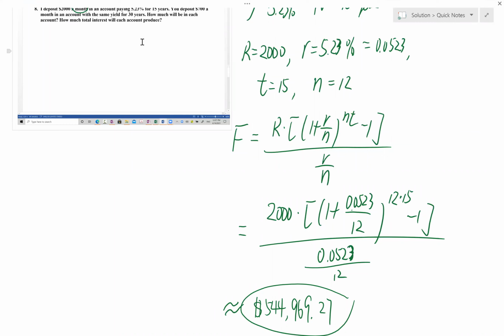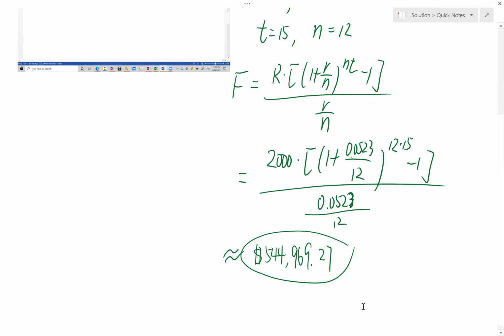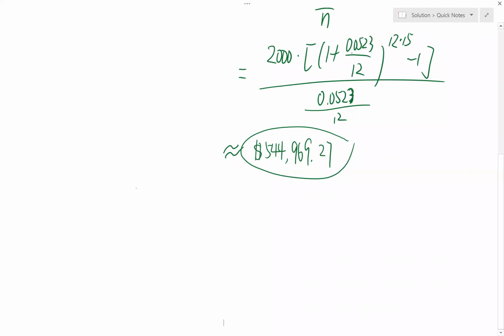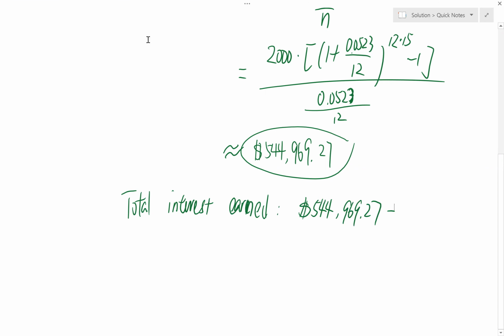And if you want to know how much interest accumulated in this retirement account, then we deduct all the contributions towards the account from that. So let's see the total interest earned, the total return on investment, either way you want to call it. This is the total balance minus total contribution.